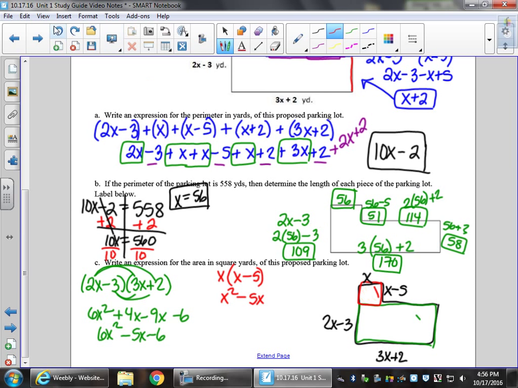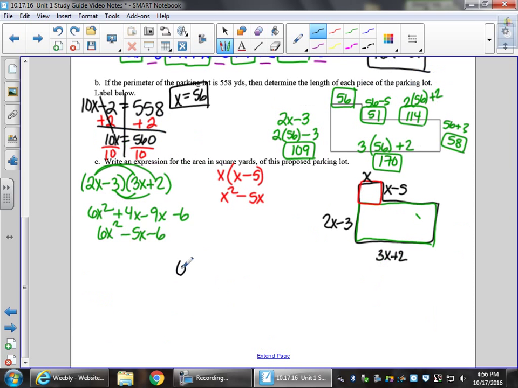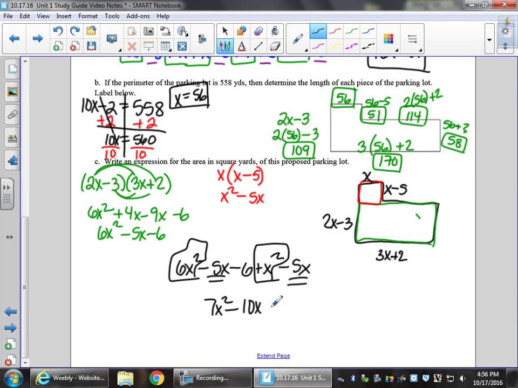So now we can add these together. So it will be 6x squared minus 5x minus 6 plus x squared minus 5x. Combining like terms, 7x squared minus 10x minus 6.